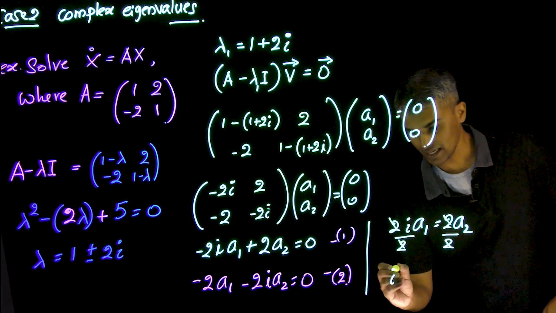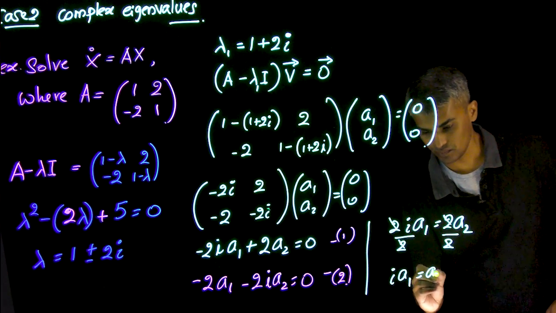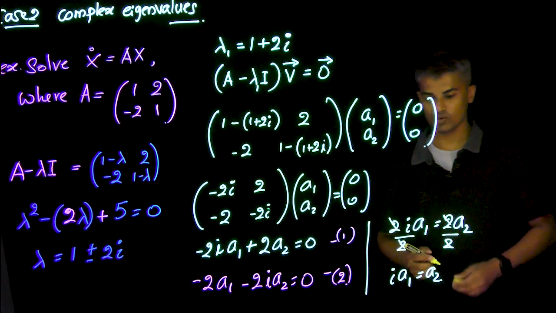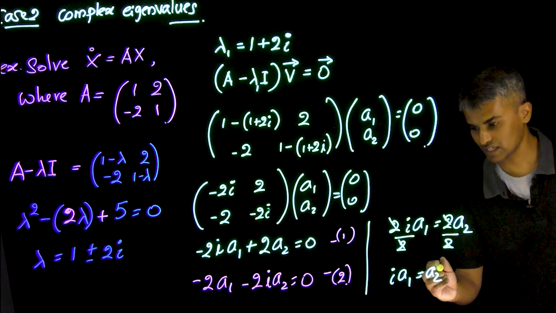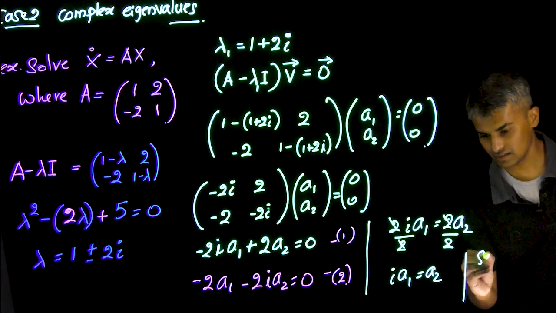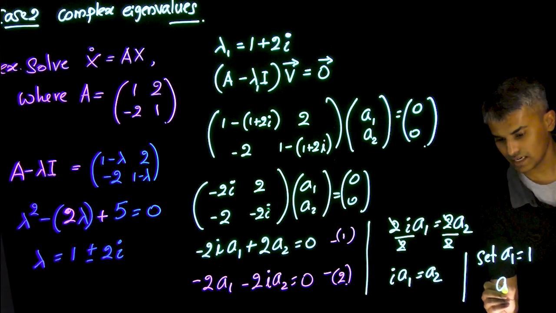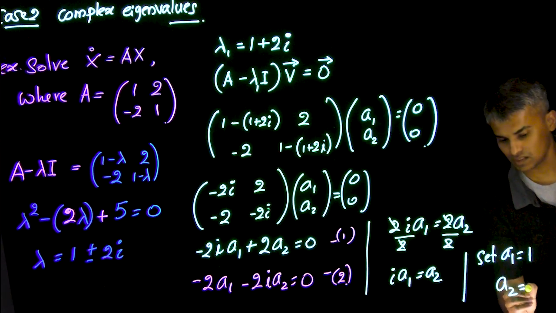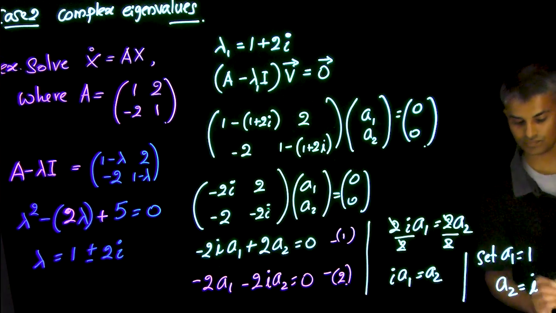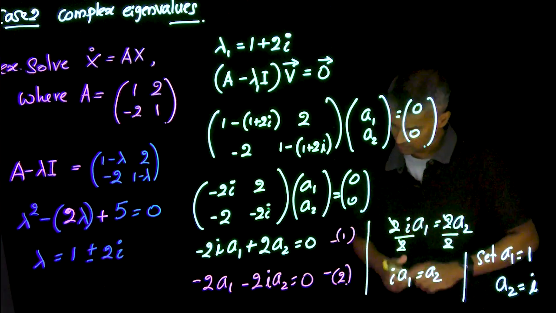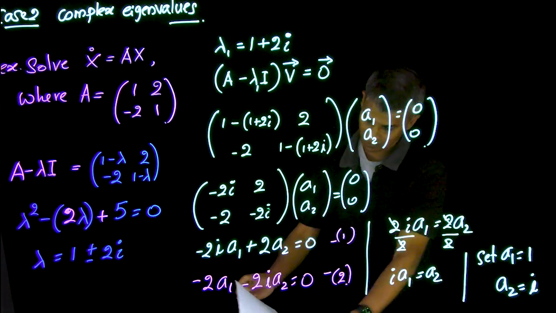You have i a1 equals a2. Therefore, I am going to set a1 equals 1, then a2 becomes i. Okay. Let me double check my answers.